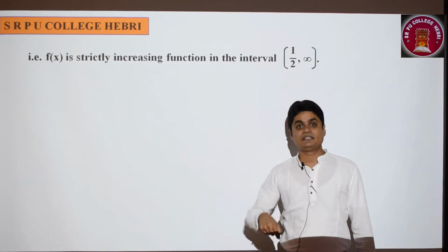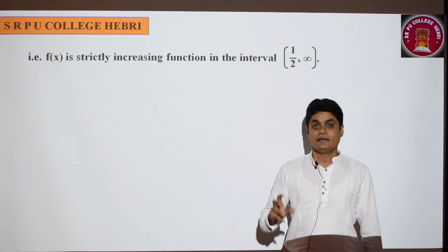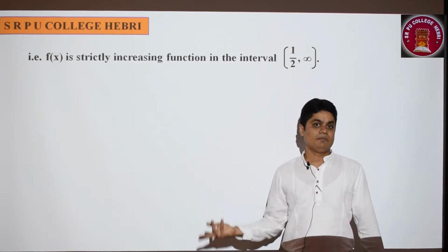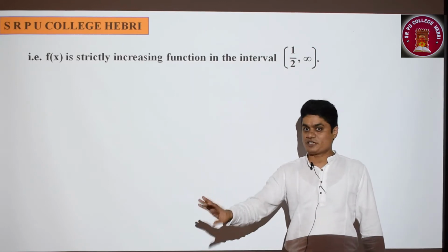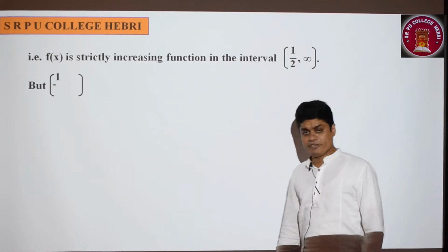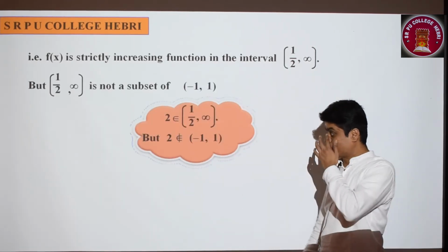Now we have to check whether this half to infinity is completely a part of minus 1 to 1. If half to infinity is a complete part of minus 1 to 1, maybe the question is wrong. If not, the question is right and we completed our work. So let us check. We know that half to infinity is a much bigger part compared to minus 1 to 1.